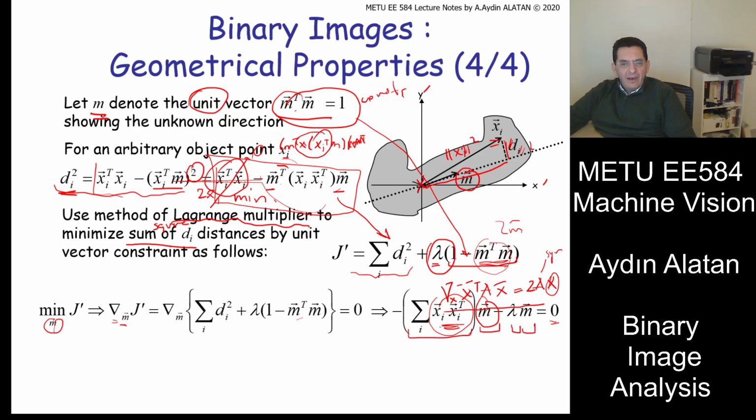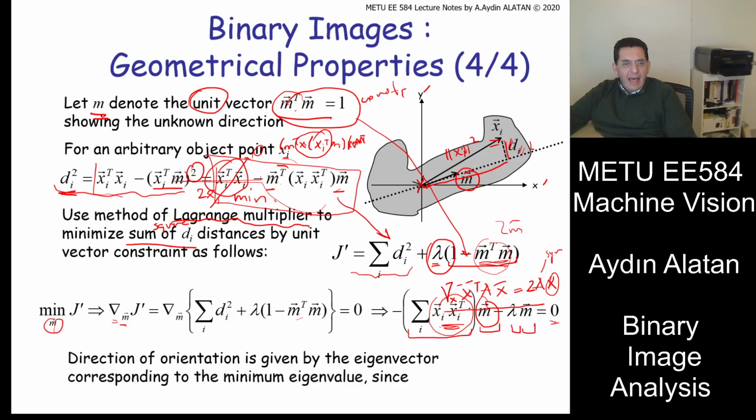This is an eigenvalue problem, like Ax equals lambda x. The unknown m vector is nothing but the eigenvector corresponding to the minimum eigenvalue.